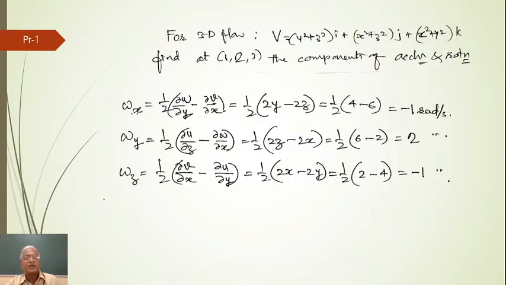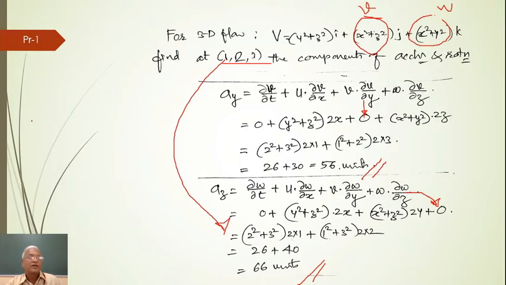If you want total acceleration, that is capital A if you want. So how do I write this? 76i plus this is 56j, these are acceleration components, 66k. So this is how acceleration will be.